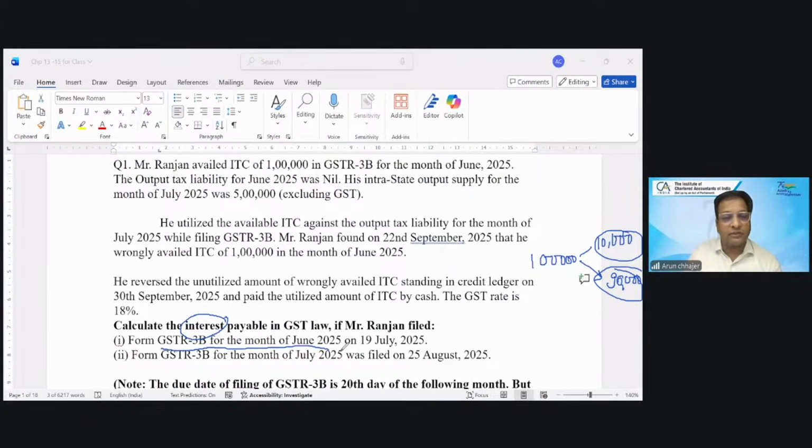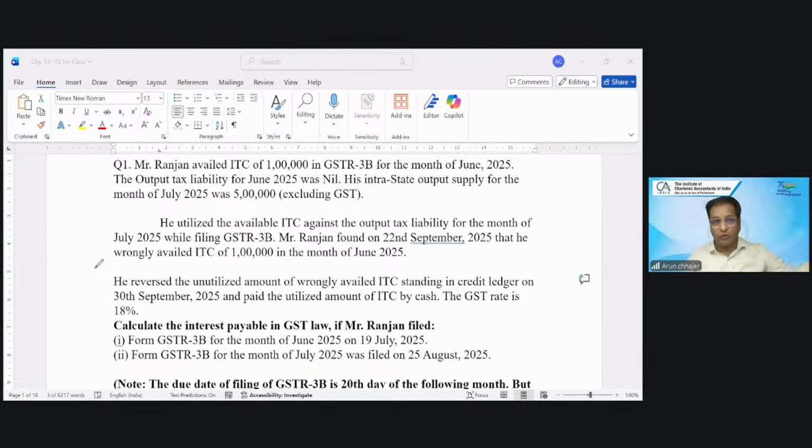GSTR 3B for the month of June 2025 was filed on 19th July 2025. अगर उसने अपना 3B फॉर जून का 19 जुलाई को फाइल किया है, okay, and GSTR 3B for the month of July was filed on 25th August. Now, what we need to check, we need to calculate the interest.